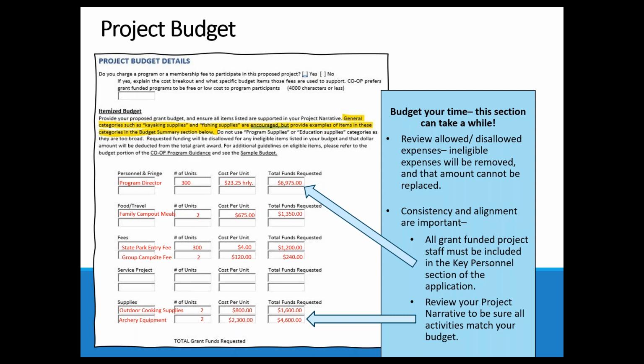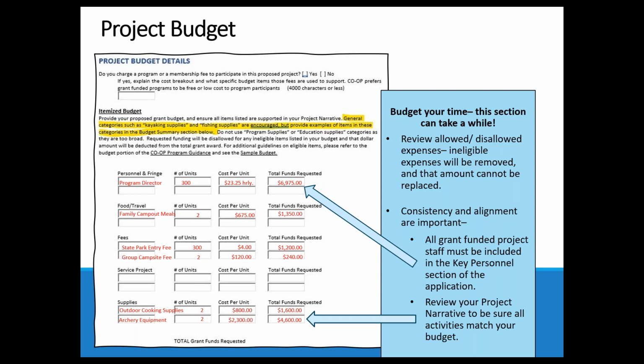When we get down into supplies and equipment and service projects, we want to make sure that we keep those somewhat general. So if your program involves outdoor cooking supplies, you don't need to list out each element, like a Dutch oven and a spatula and cooking oil and aluminum foil. You can just simply put outdoor cooking supplies, and those items would fall under that category.